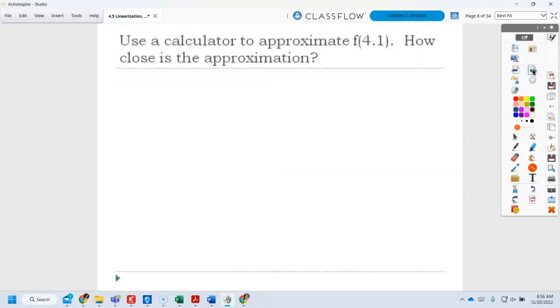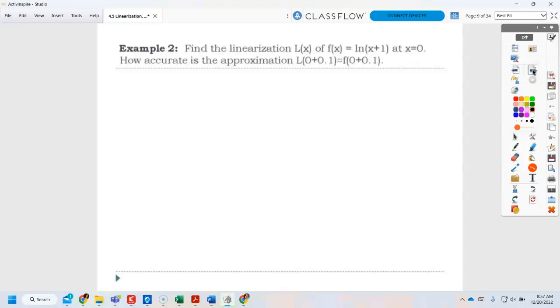And then we already did that, use a calculator to approximate. Okay, find the linearization L of x to f of x for, it's been forever since we looked at one of these, the natural log of x plus 1 at x equals 0.